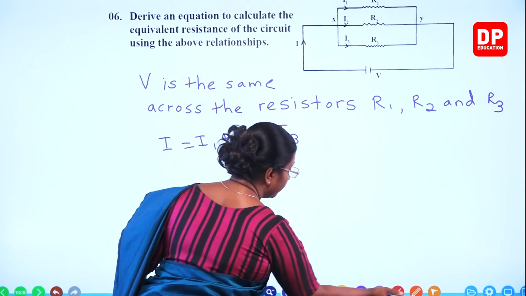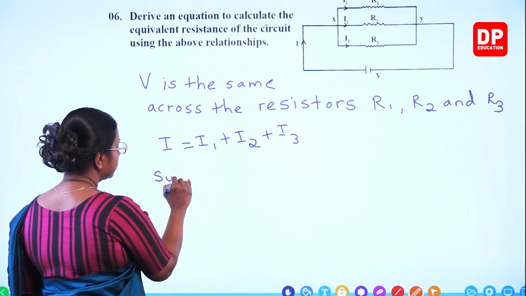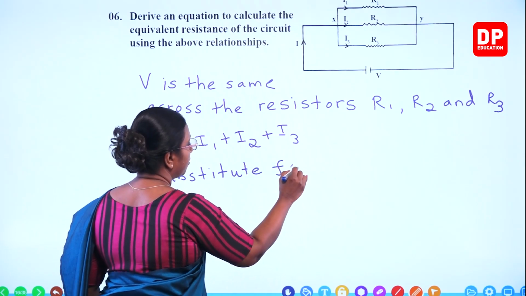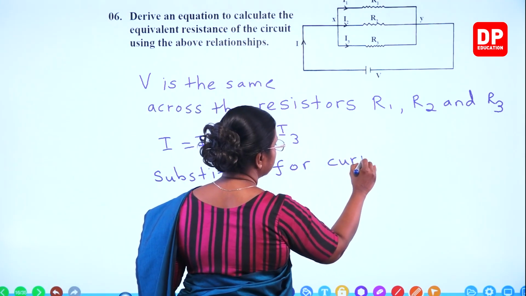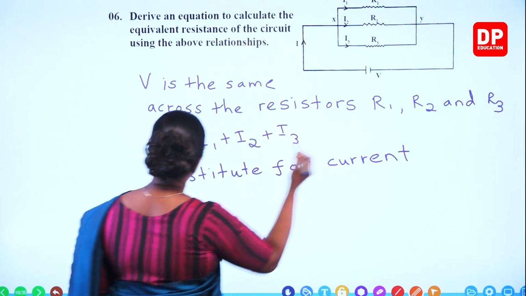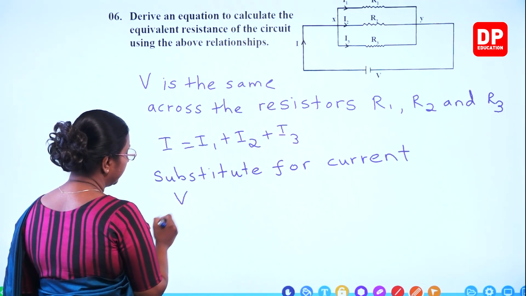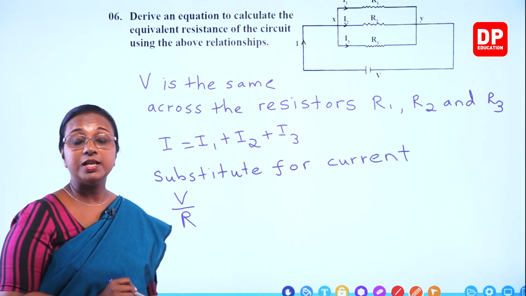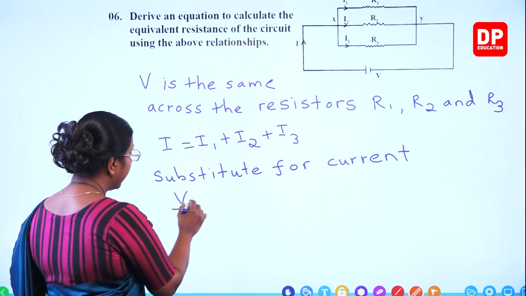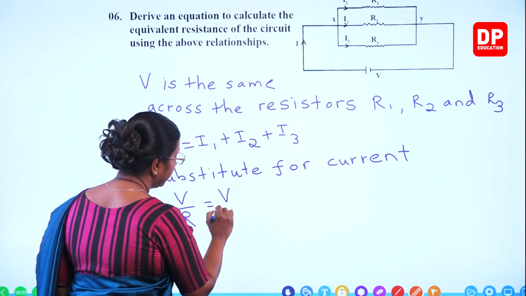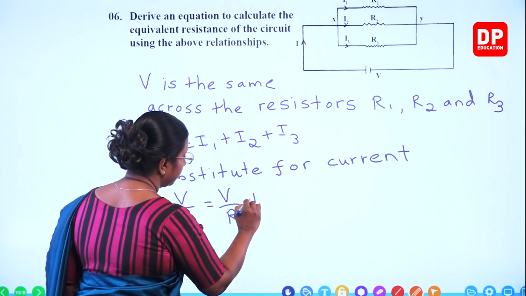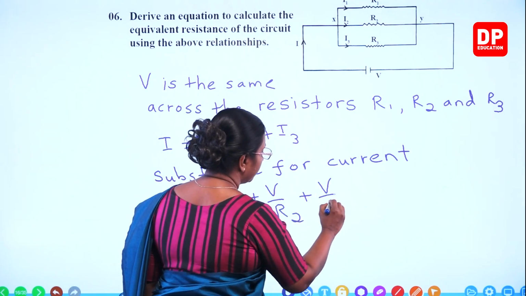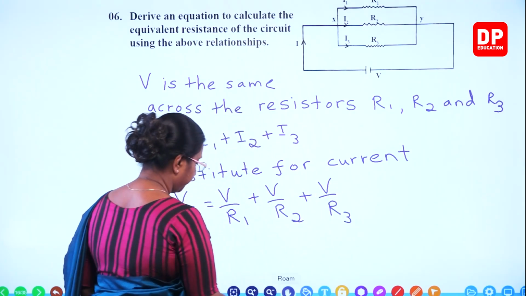Then what can we do? Substitute for current. That will be equal to V potential difference over R, R is the equivalent resistance. That will be equal to V over R1 plus V over R2 plus V over R3.